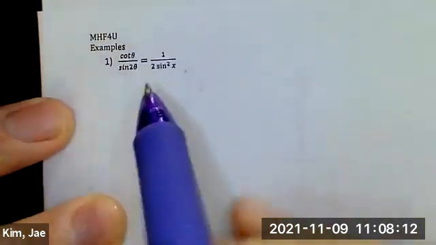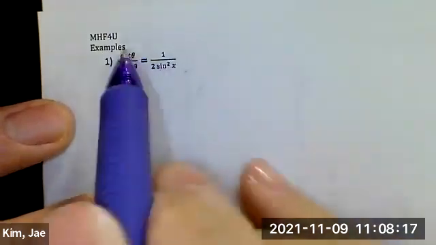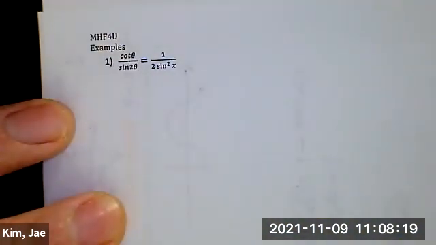Do your best to make the left side and right side equal. Start with the side that seems more complicated. To me, the left side looks a bit more complicated because it has cotangent. So I'm going to start by turning that into sine versus cosine.